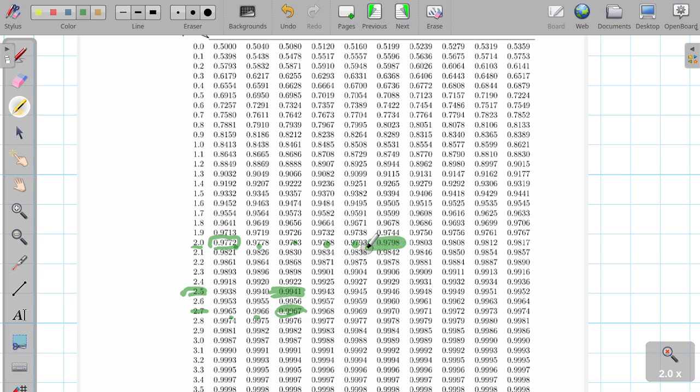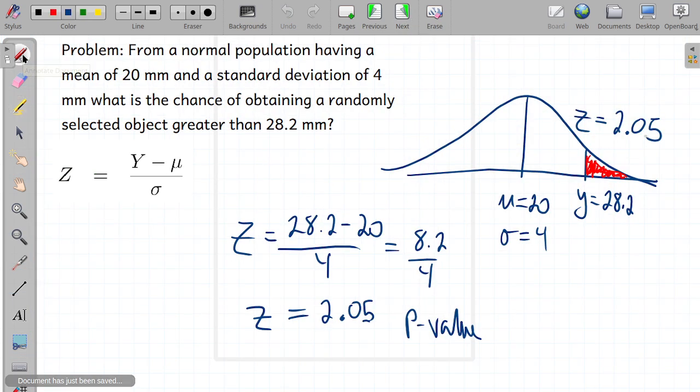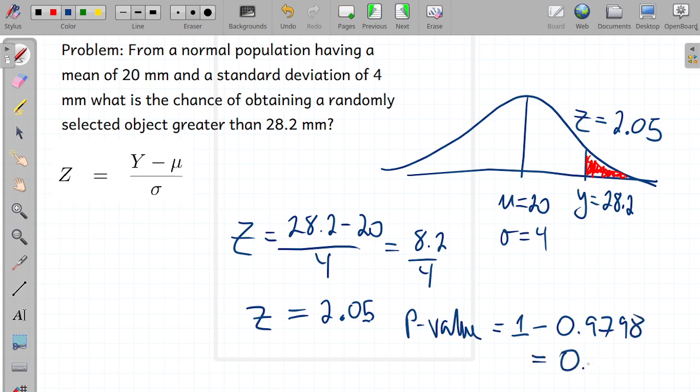And that should give us a very small p-value. Right, let's go back over here. One minus 0.9798, and that is 0.0202, which indeed is a very small p-value.